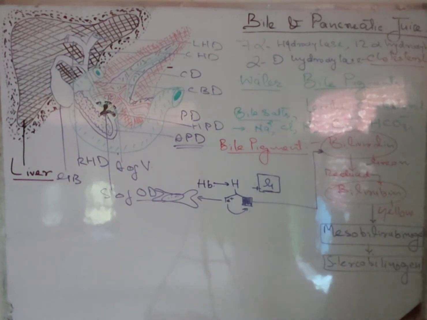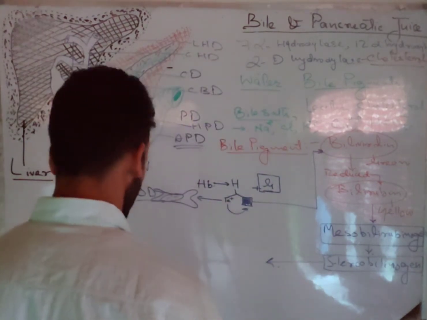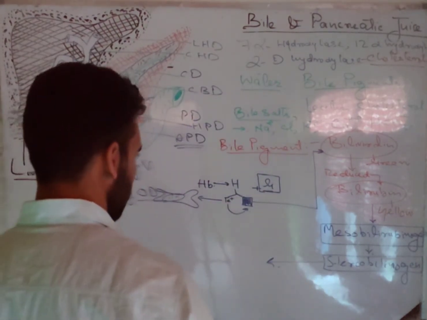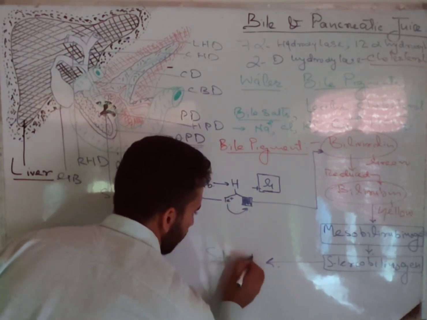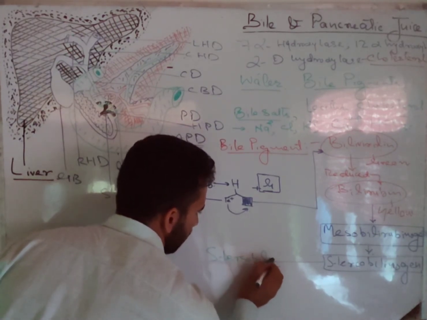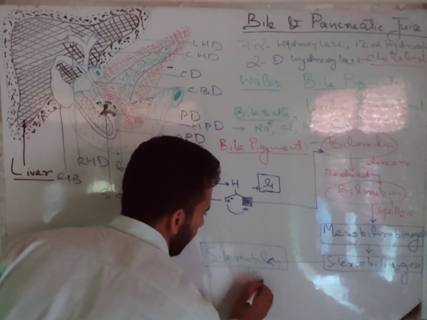And so far as this stercobilinogen is concerned, including the mesobilirubinogen, this stercobilinogen will be oxidized into stercobilin, which is a brown pigment. Remember that it is almost brown in color.